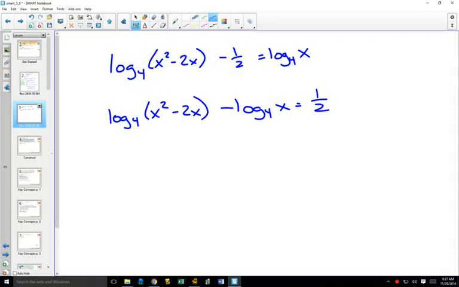But I saw some people bring other things to the other side. It'll still work out the same. Just if you're working with positives, there are fewer things you have to remember, and you end up making fewer mistakes. So now, what is our log law for subtracting? If you're subtracting logs with the same base, you can combine them together by dividing.